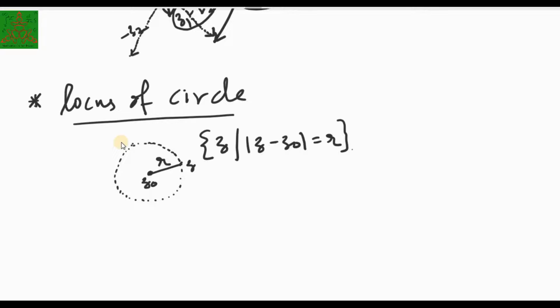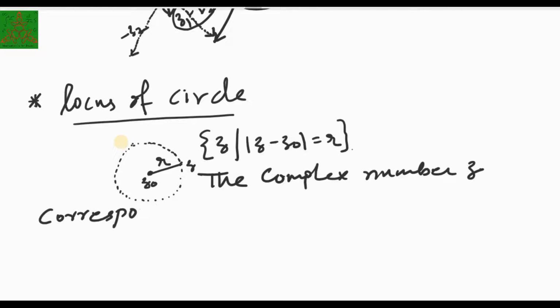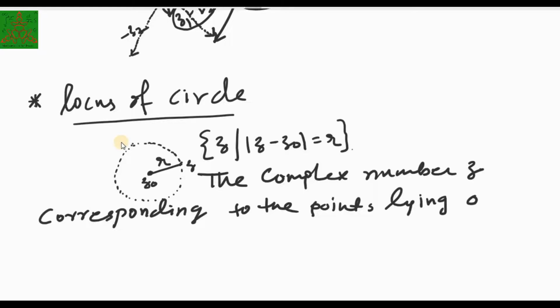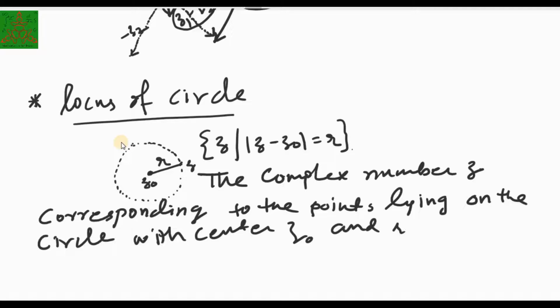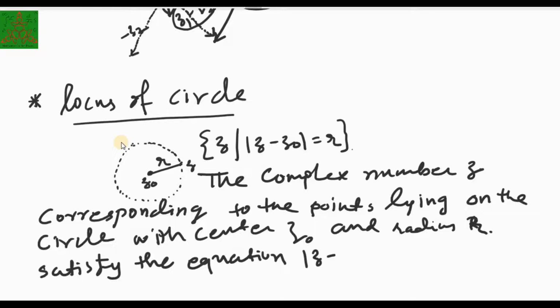So the complex number z corresponding to the point lying on the circle with center z0 and radius small r satisfies the equation mod z minus z0 equal to r. And conversely also, the set of points implies the circle itself.